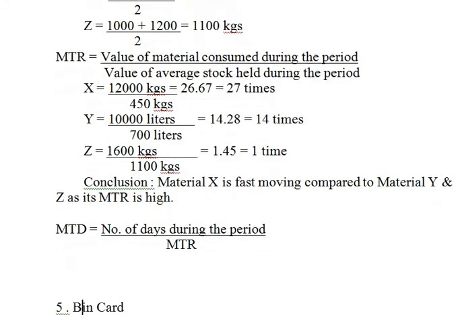Okay, so the formula is MTD is equal to number of days during the period divided by MTR. Now that is X is equal to number of days, 365 days, divided by 27.